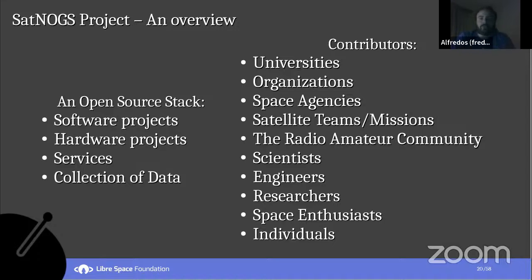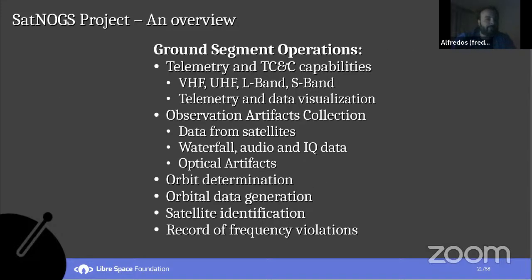So what does the SatNOGS project do? What we do is ground segment operations. We gather telemetry and perform telecommand and control in various bands, and we try to expand to higher ones.